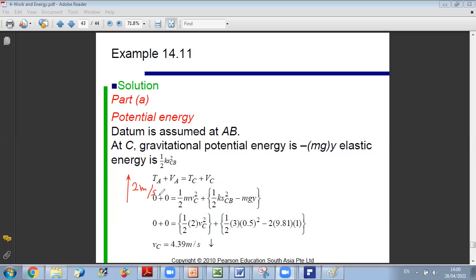Everything will remain the same except T_A, which is no longer 0, it becomes 0.5 times m times V_A square. Now, if they had said it was released with a downward velocity of 2 meters per second, would anything change in the solution? If we give the collar an upward velocity of 2 meters per second, or a downward velocity of 2 meters per second, what will change?